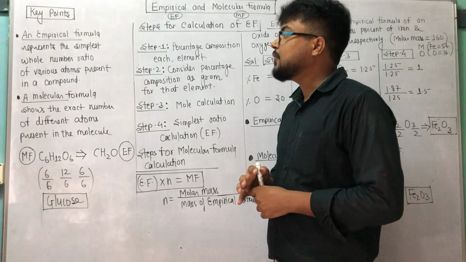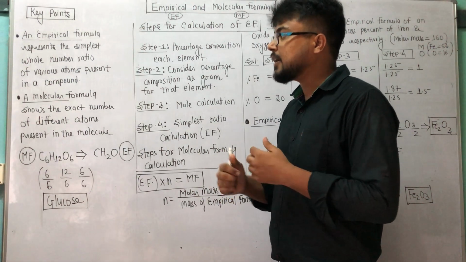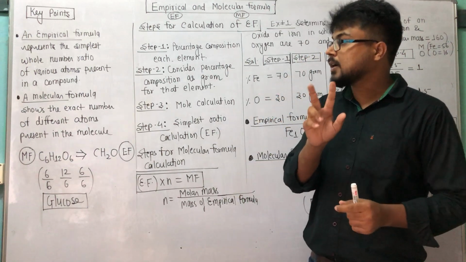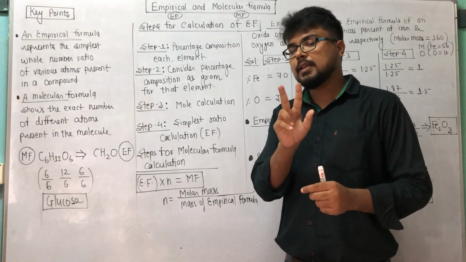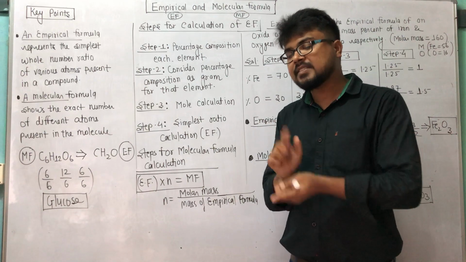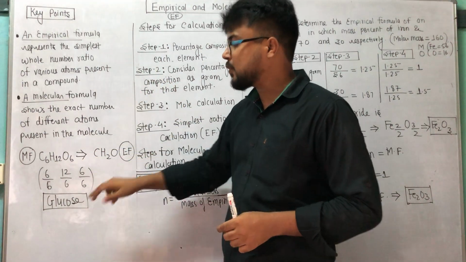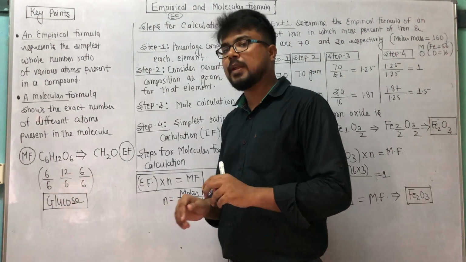So here we will talk about empirical formula and molecular formula, and both terms differ by two words: simplest ratio and exact ratio. See the formula of glucose. It is C6H12O6.